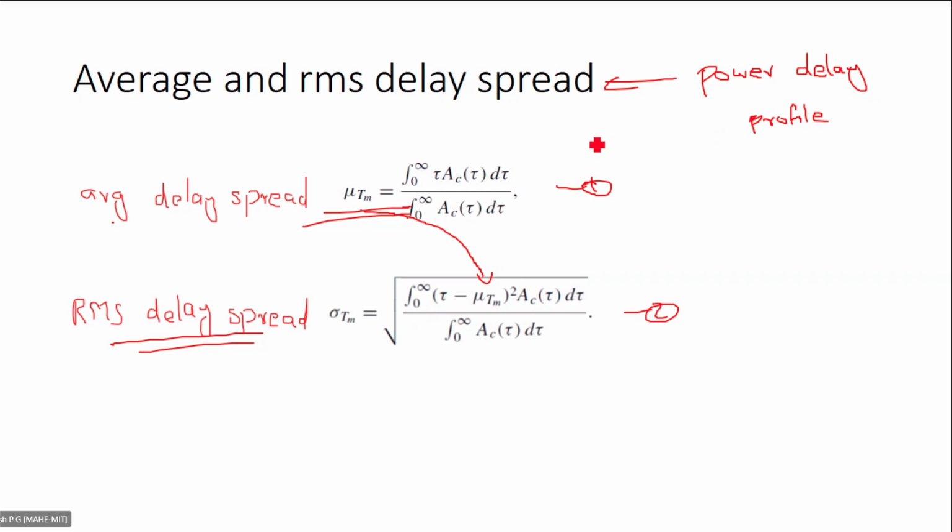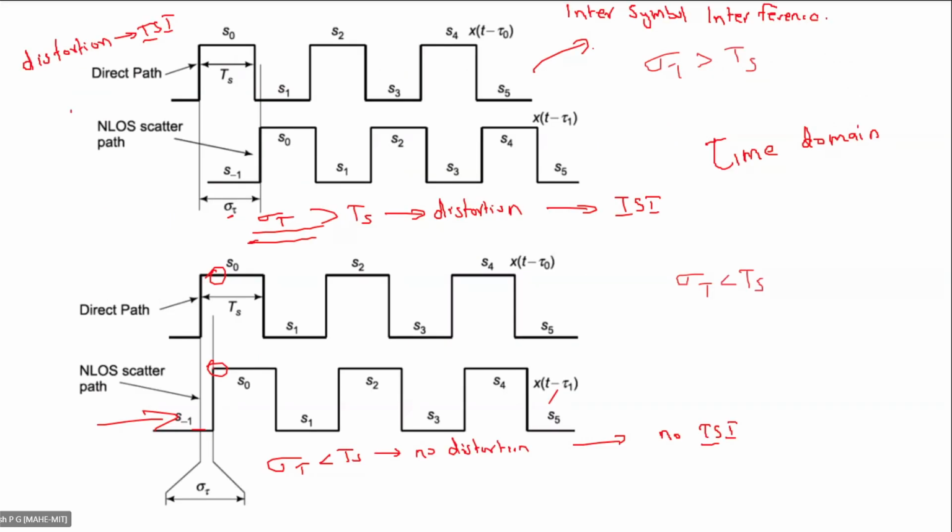So the answer to that is we are trying to capture the effect of multipath using average and RMS delay spread. We are not trying to analyze the Doppler effect here. We are trying to analyze the multipath effect by using these parameters, that is average delay spread and RMS delay spread.